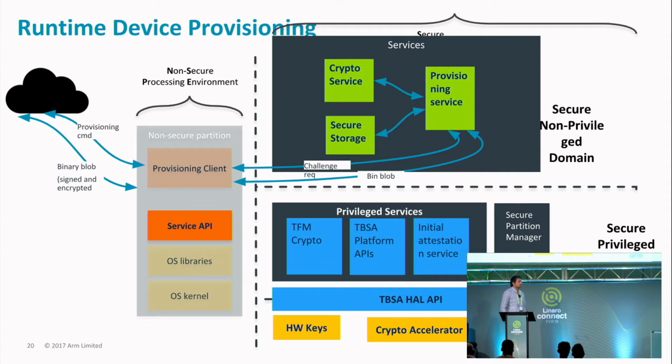The first is runtime device provisioning. What runtime device provisioning is meant to do is provide a secure way of, as it says, provisioning the device. What this means is if you have certain contents stored in the secure storage, you should be able to securely update them over the air through some commands from the server.